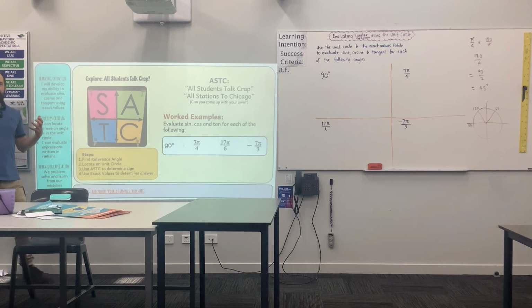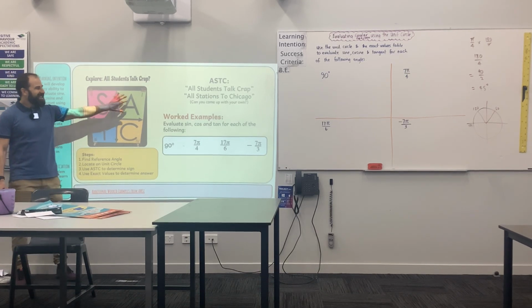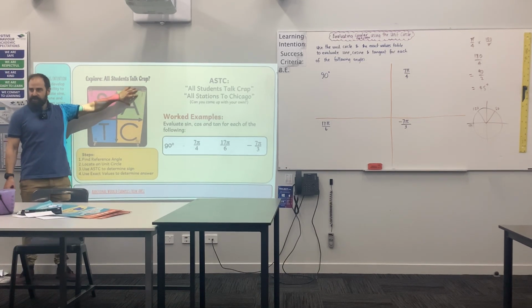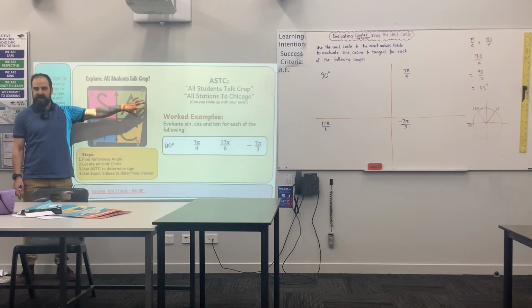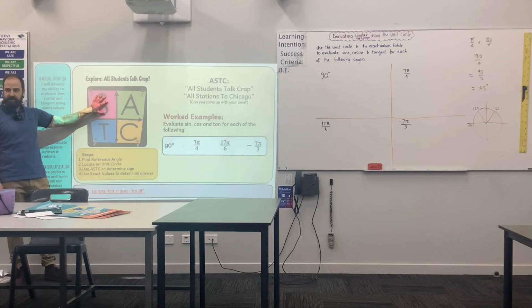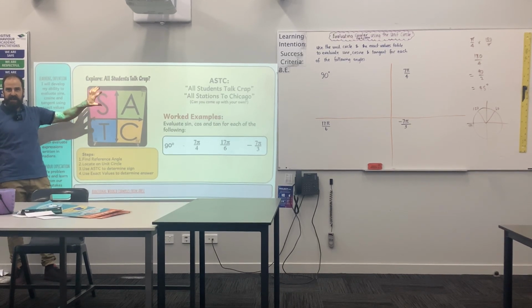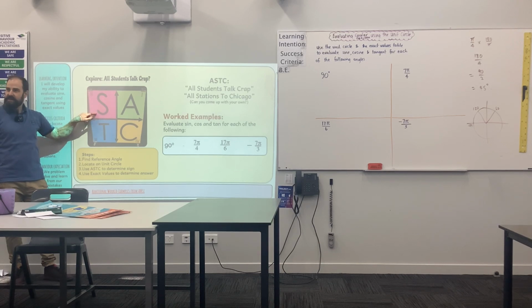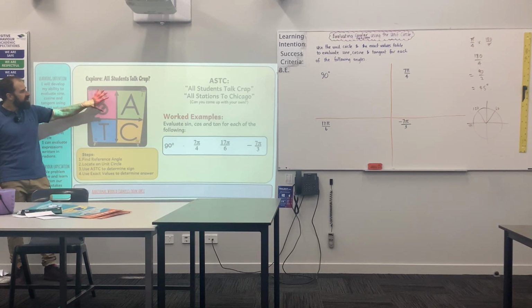So what this diagram actually means is that in the first quadrant, all of sine, cosine and tangent are positive. In the second quadrant, sine is a positive value. That's why it's got a big S, because sine is positive. But cos is negative and tan is negative. So the only circular function, the only trig ratio that is positive in the second quadrant is sine.